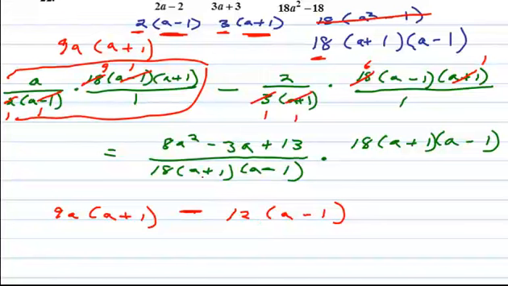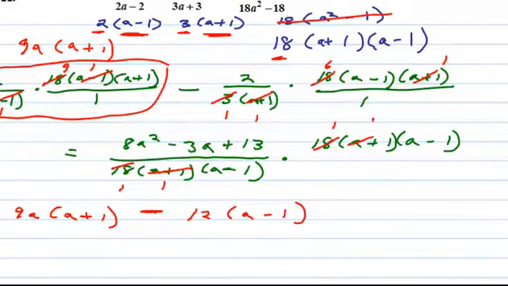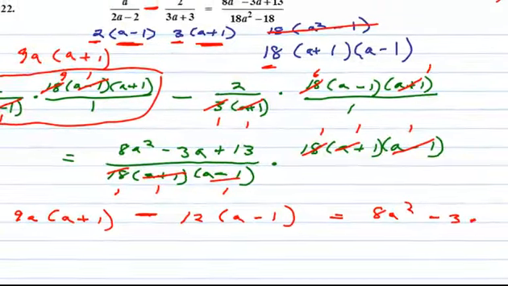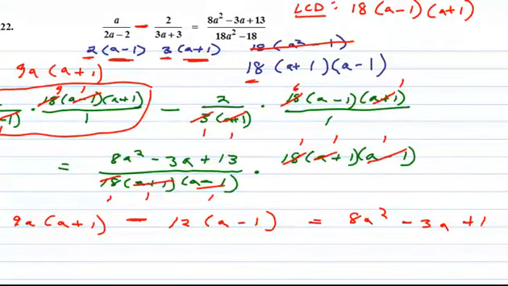In this last term, we can cancel the 18s, the a plus 1s, and the a minus 1s. So we're just left with the numerator, times 1, which is 8a squared minus 3a plus 13.